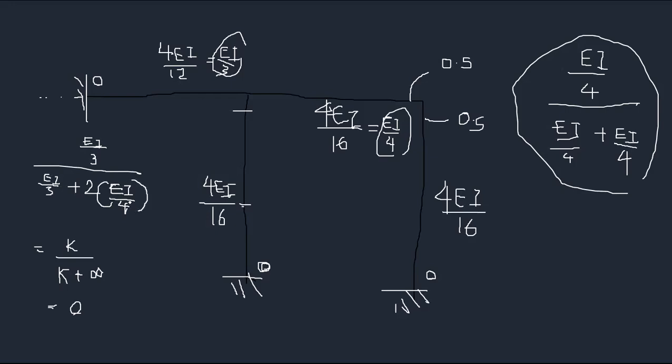So that means your stiffness is going to be, let me check, 1 over 3 divided by 1 over 3 plus 2 over 4, so that's going to be 0.4.